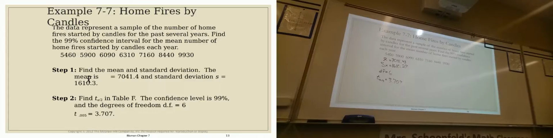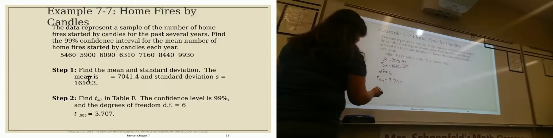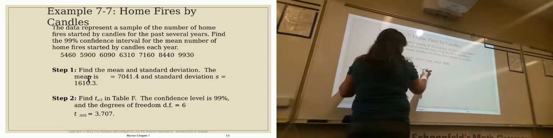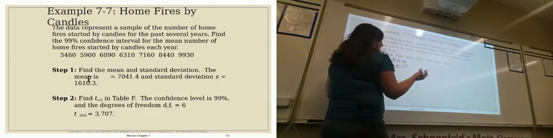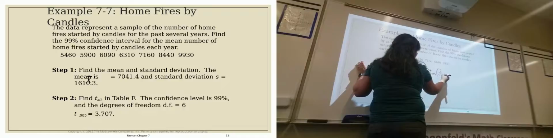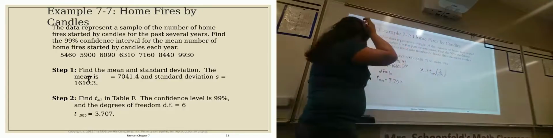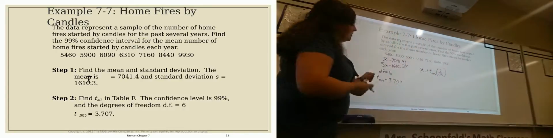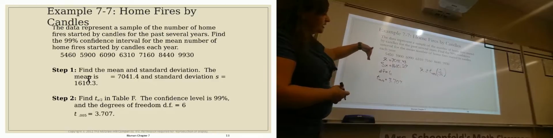Then I plug it all into my formula. It's x bar, not wrong bar, please, plus or minus my t-score times s over the square root of n. The upper one will be the higher limit, the lower one the lower limit.